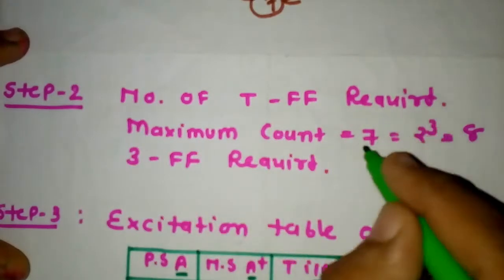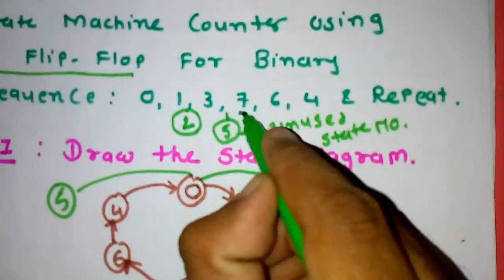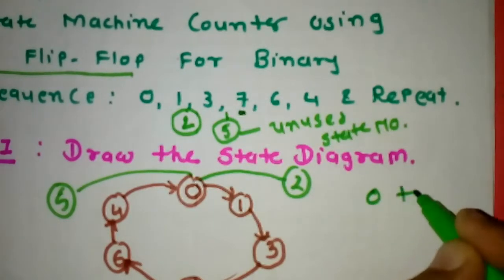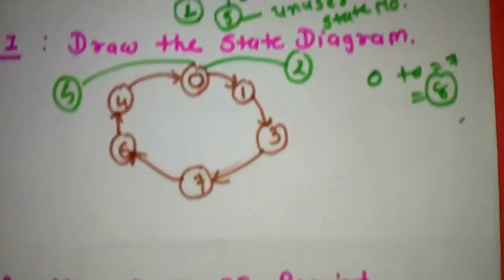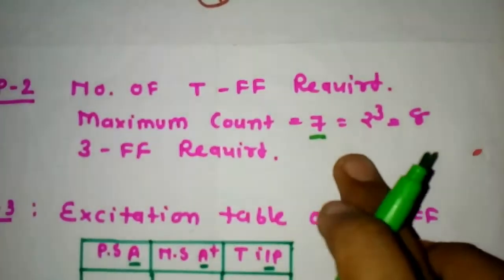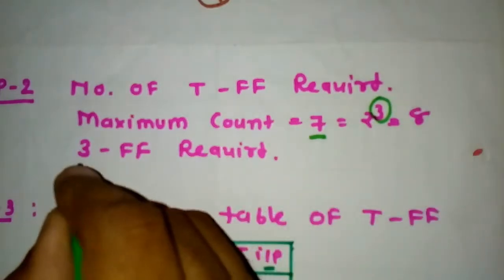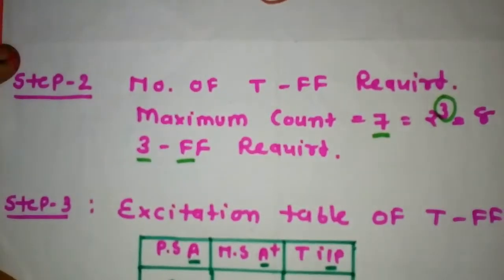The maximum count is 7, because the maximum sequence number given is 7. So 0 to 7 means counting 8 states. For 8 states, 2 raised to 3 is equal to 8. So 3 T flip-flops are required for this state diagram.